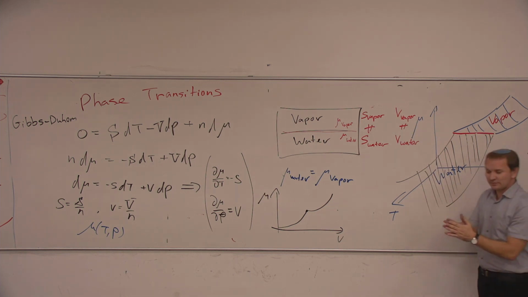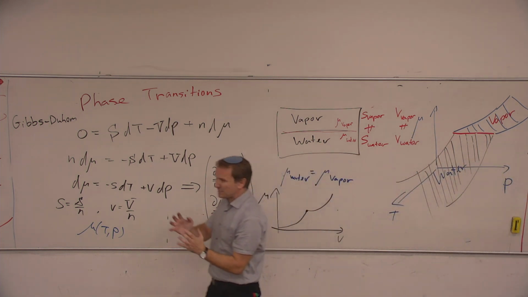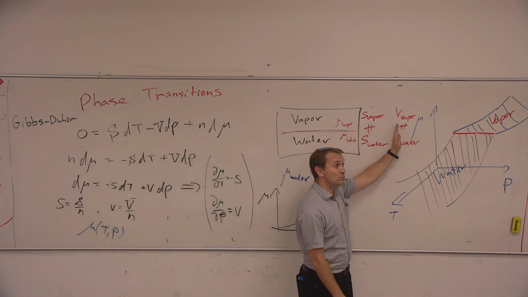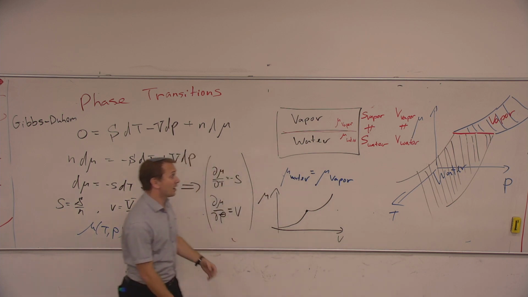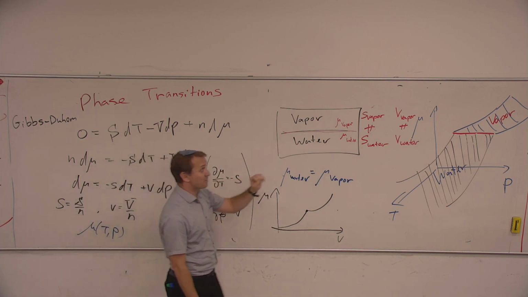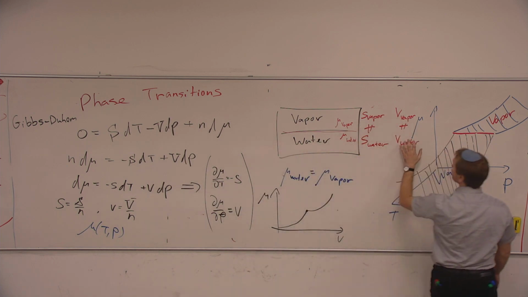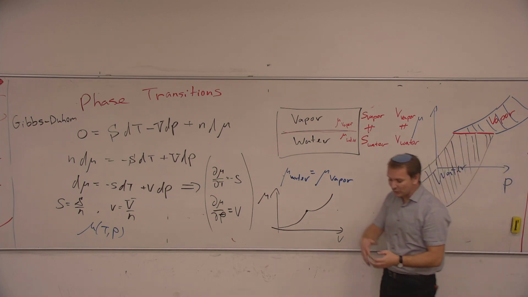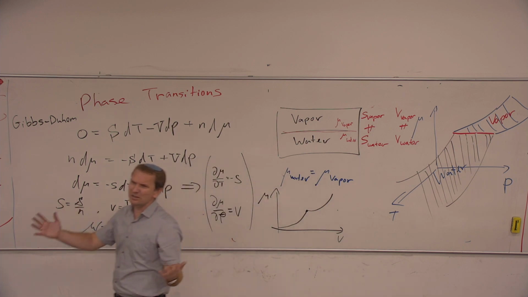This is what happens at phase transitions. Specific quantities like entropy and volume, which are extensive, per particle perform a huge jump from one value to another. And this has to be part of our description of what's going on in the real life system. We cannot simply assume that everything is continuous.